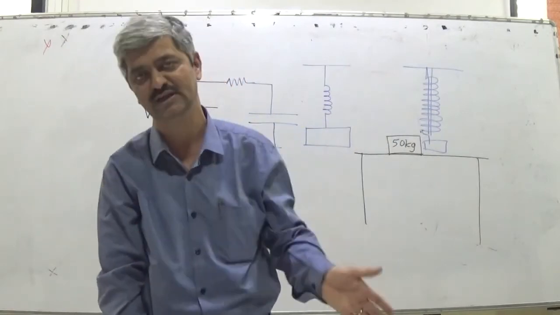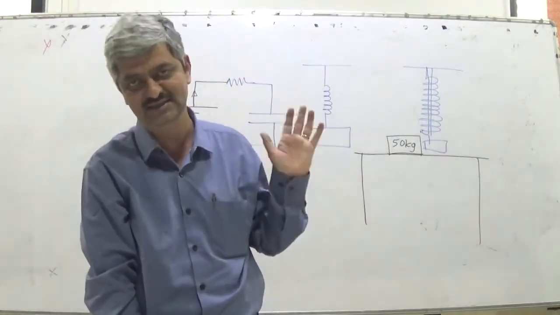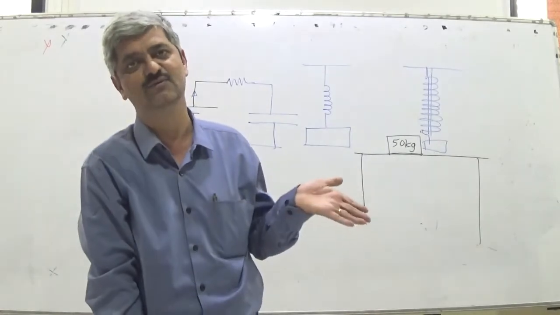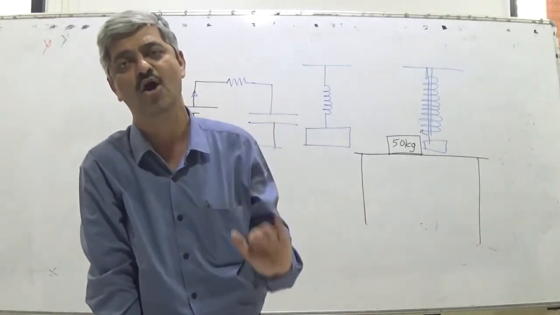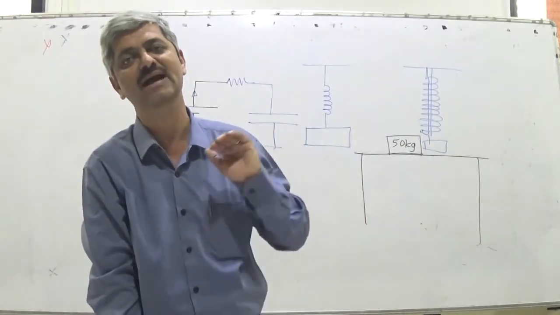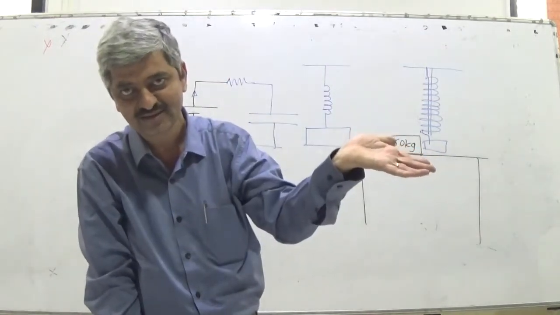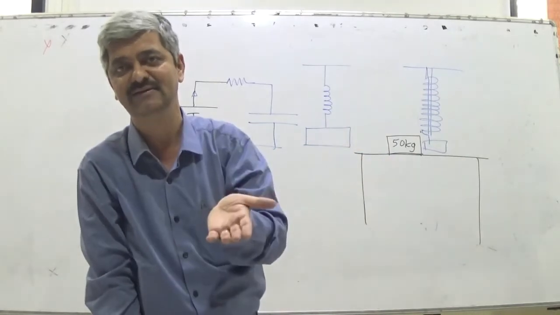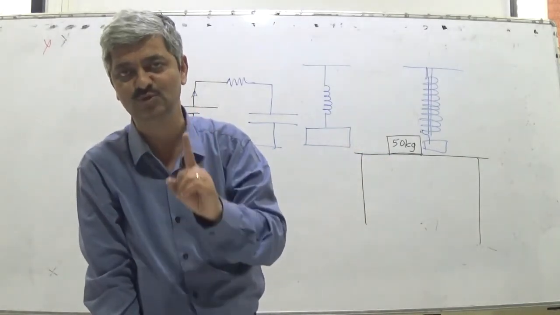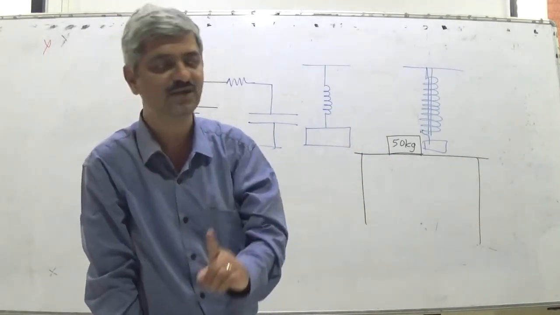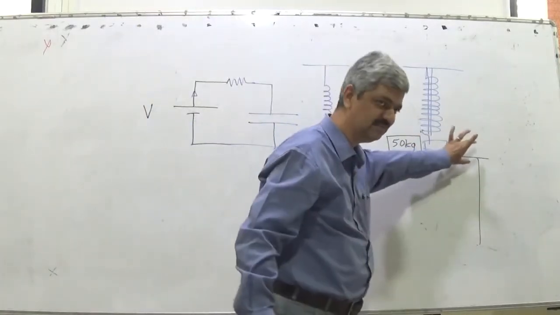You can't say it is stored. It is converted. Energy can't be destroyed. It is converted into such a form, maybe by increasing the overall entropy of the universe, but you can't get it back. When current flows through a resistor, the same thing happens. When you move some article from here to here, the same thing happens.